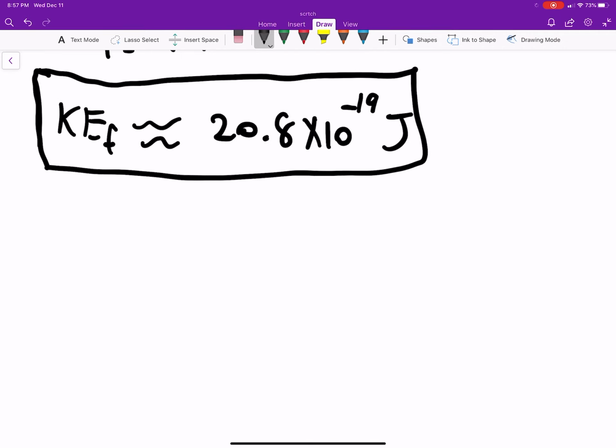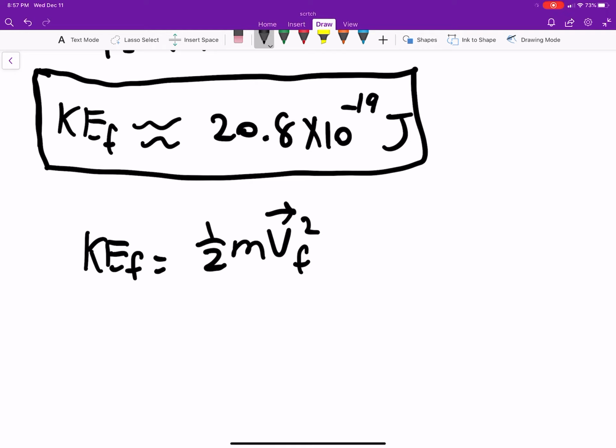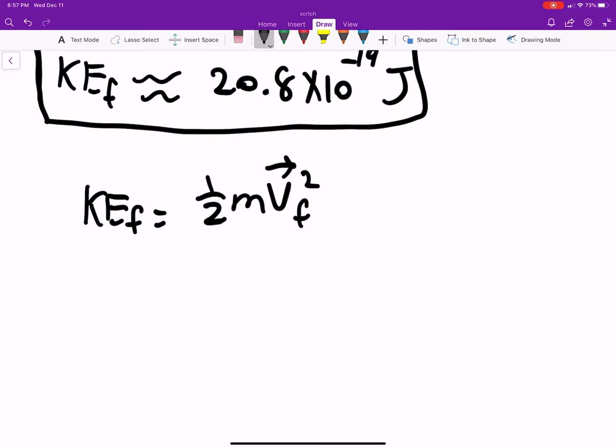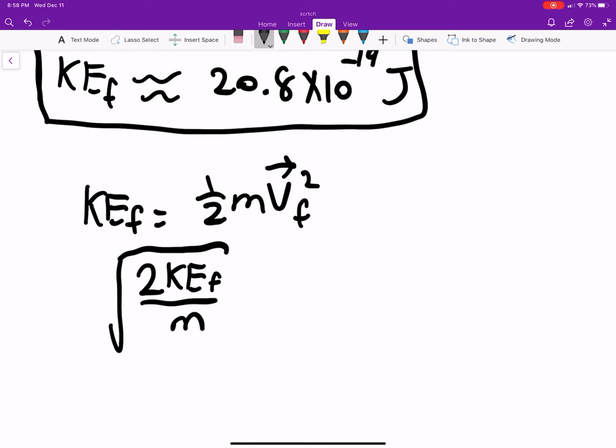Now, since we want to find the speed, what we can say is kinetic energy final is equal to 1/2 the mass of the electron times the final speed squared. Okay? So what should we do here? Well, all we have to do is solve. So we have the square root of 2 times your kinetic energy final divided by your mass is equal to our final velocity.